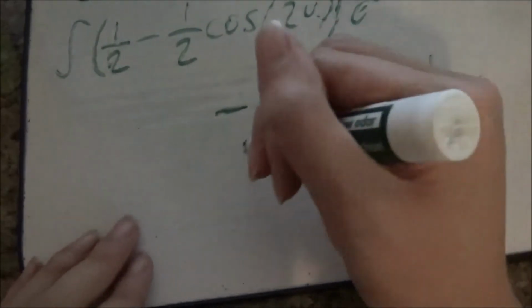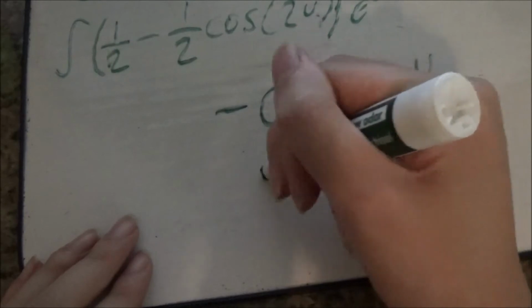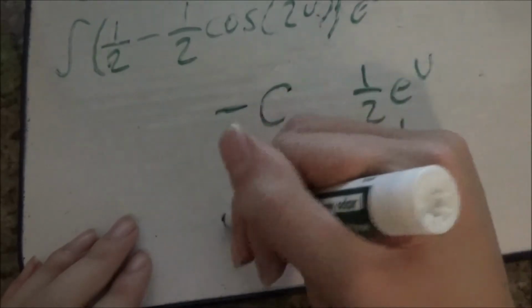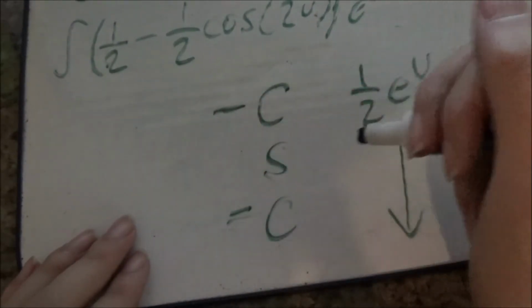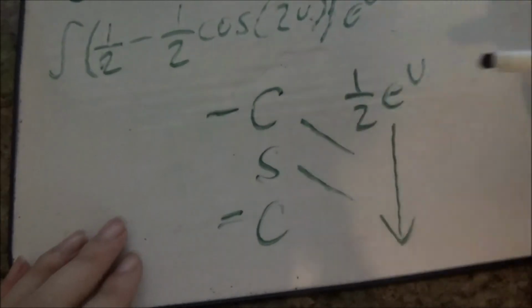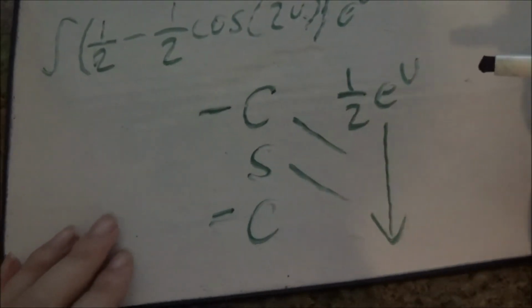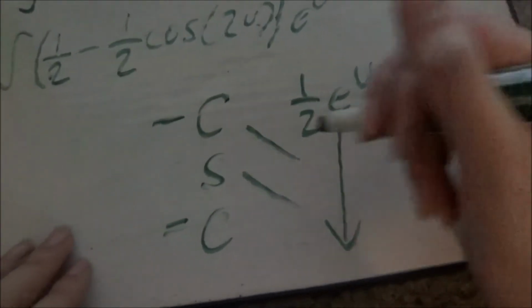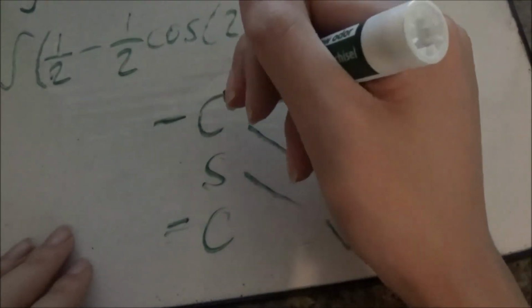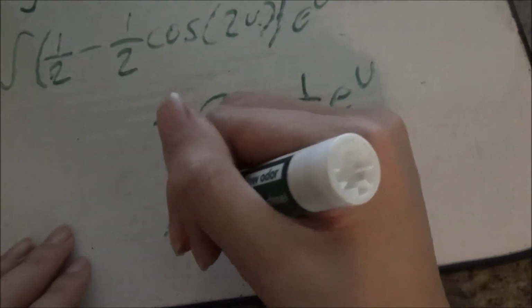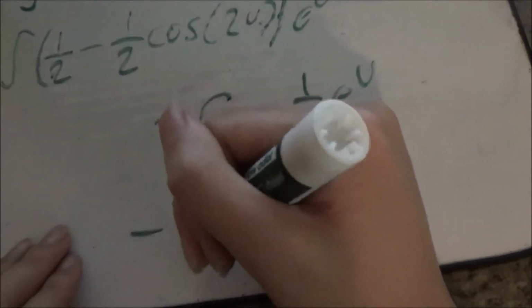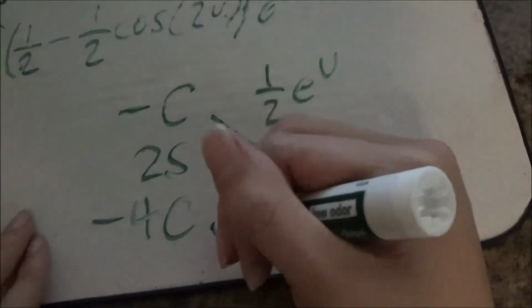And then we have, let's see, deriving this, we get positive sine. Okay, that's it. Go like that. I'm sorry, this is cosine 2u. So 2 sine, negative 4. Okay.